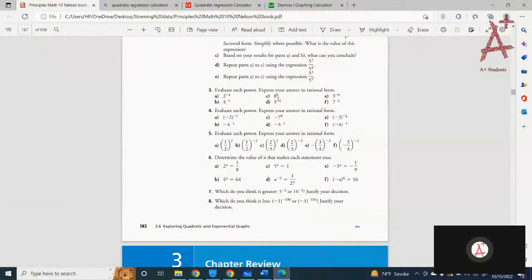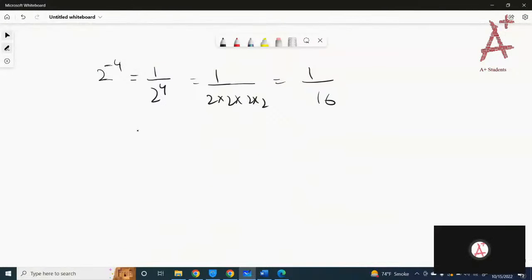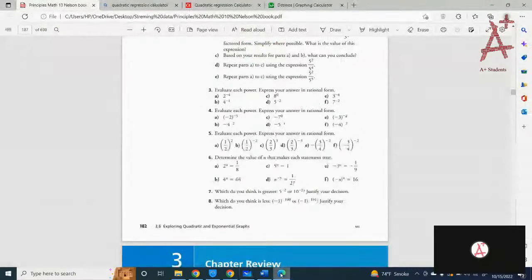Okay, the next one is 8 exponent 0. So we just did this: any non-zero base that has the exponent 0 equals 1. Got it? The next one is 4 exponent negative 1.